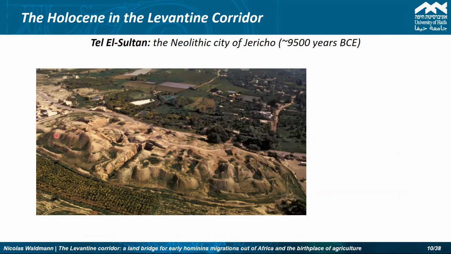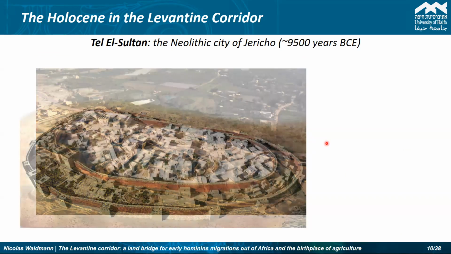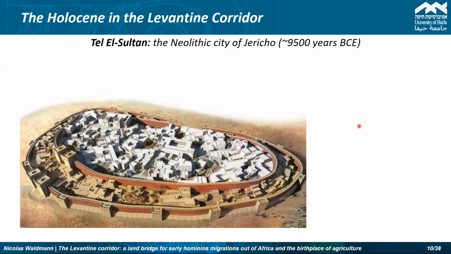This is Tel el-Sultan, and this is the fertile part, an oasis of Jericho, and a representation of how it was 9,500 years ago, with the famous walls of Jericho.